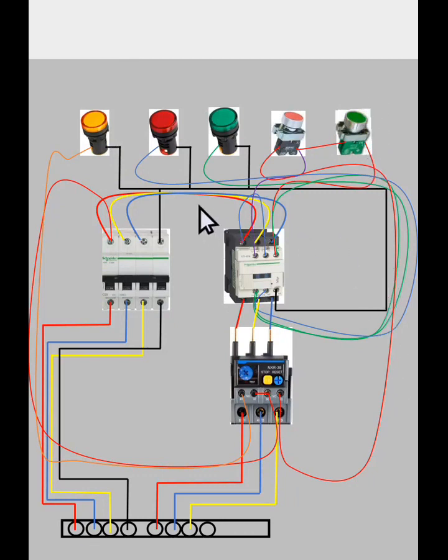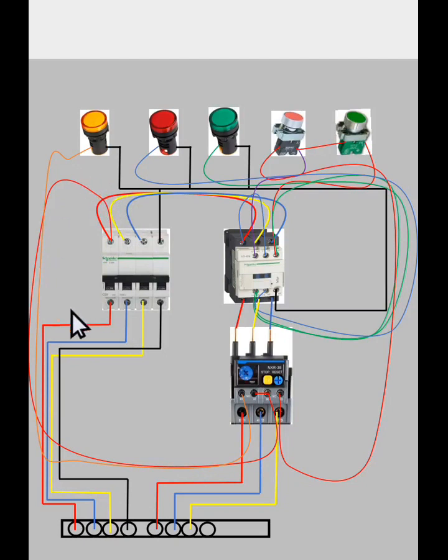So when you open your panel, this is how the wire will be arranged. You wire like this, you go like this. It's almost the same with the former diagram we just saw, but this is just exactly how it will look like inside the panel.